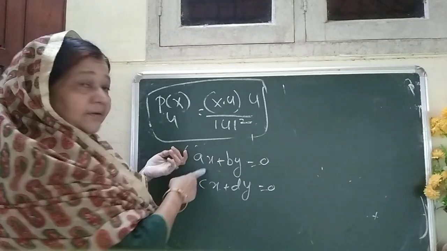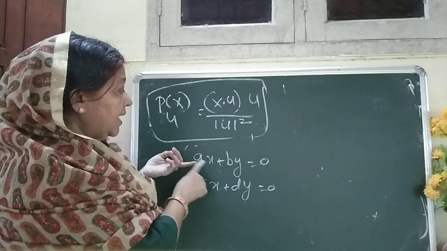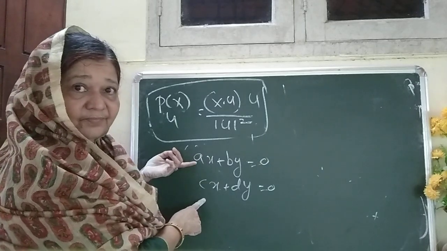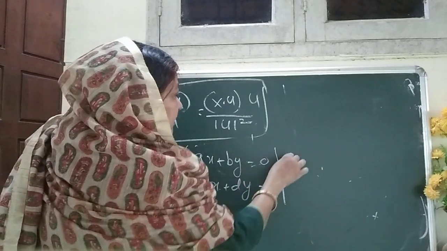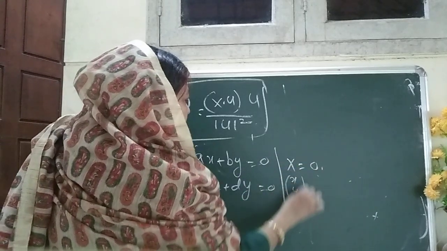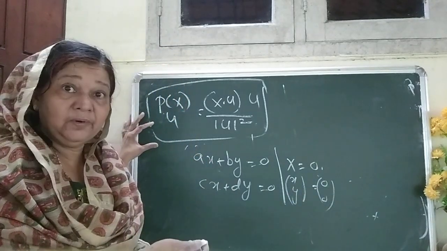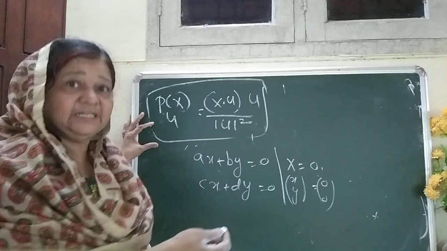Here, by arbitrary values, say x equal to 0, y equal to 0, these are always satisfied. So x equal to y equal to 0 is a trivial solution. Then we have to check whether a non-trivial solution exists.